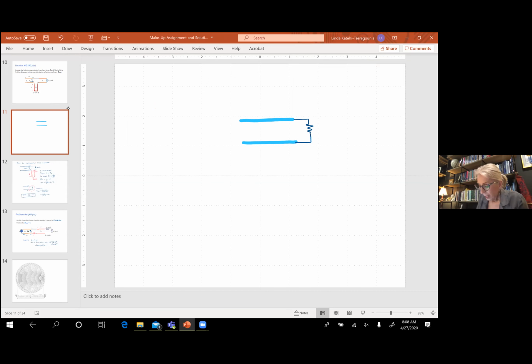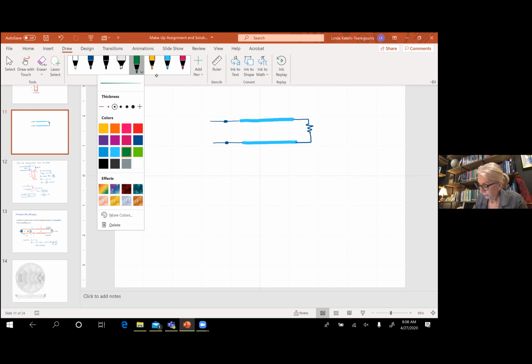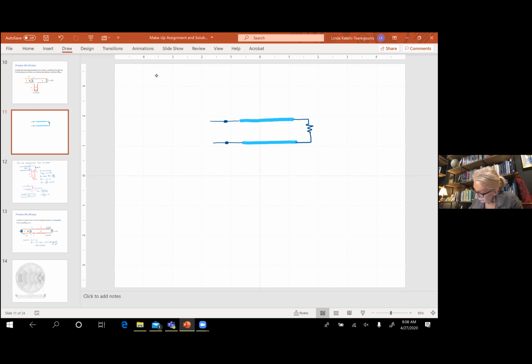And then this is connected to a series stub, like this.